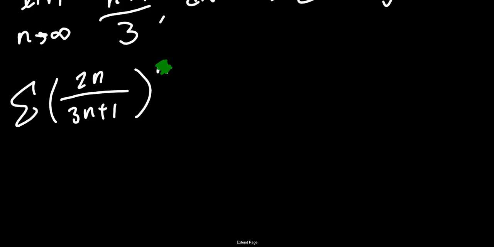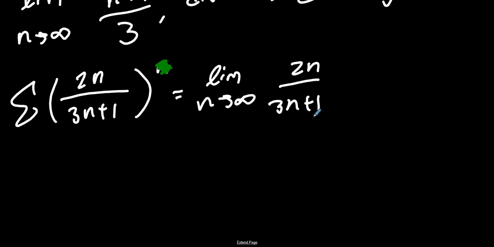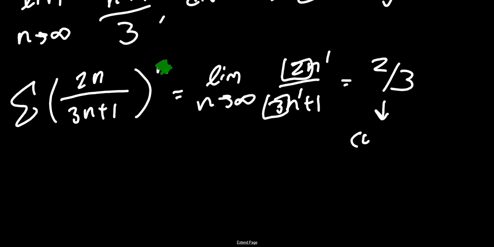In this case, this would be equal to the limit as n approaches infinity of 2n over 3n plus 1, which is equal to 2/3 because the n's are both raised to the first power. So we have 2/3. And since this limit is under 1, we know that this series converges.